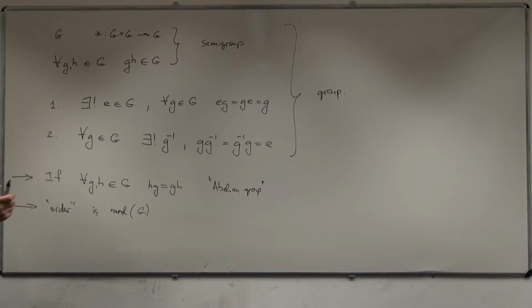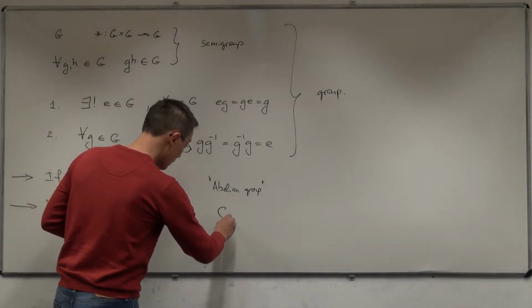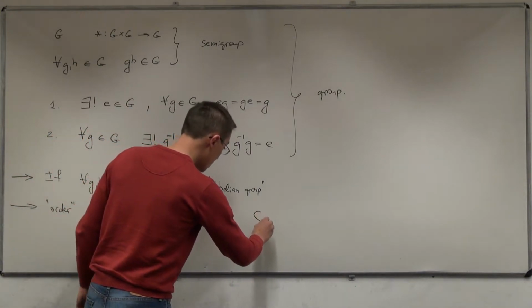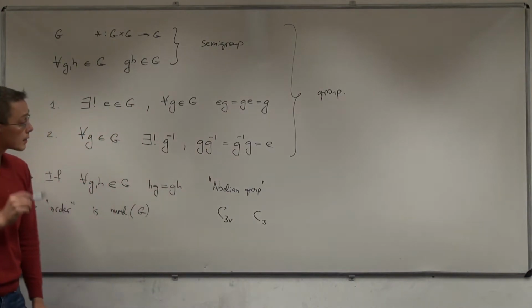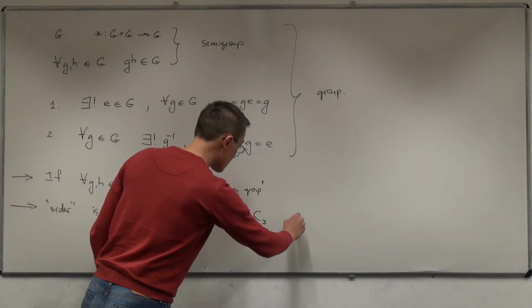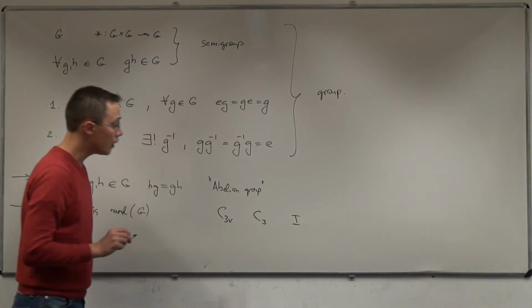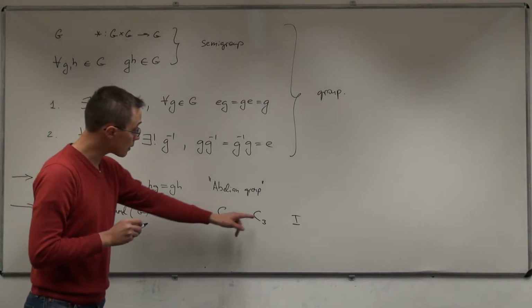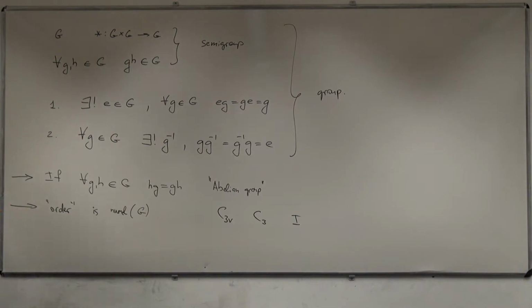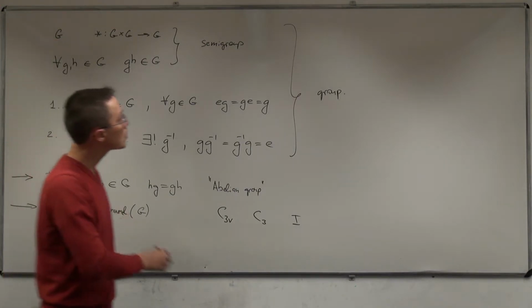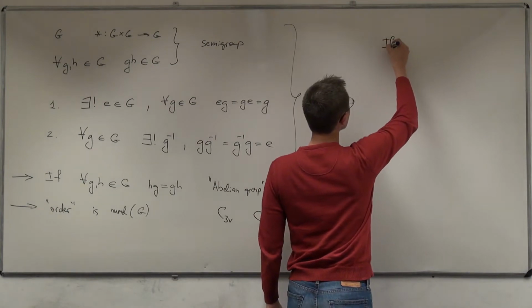So things like C3v, the symmetry group of ammonia, does contain C3, just a rotation around the axis, as a subgroup. And C3 contains, for example, the identity group that simply does nothing as a subgroup.